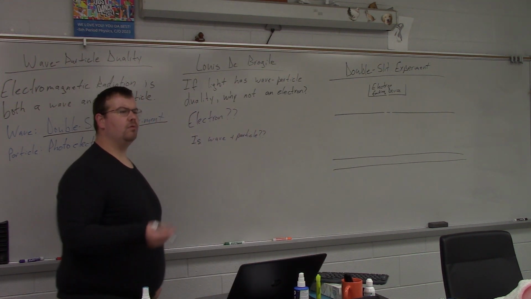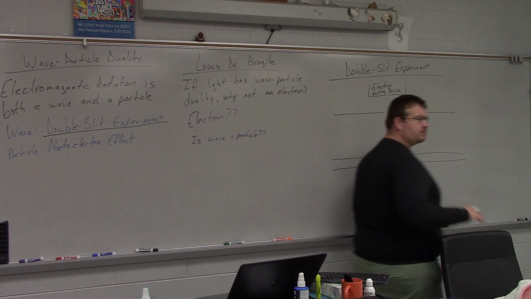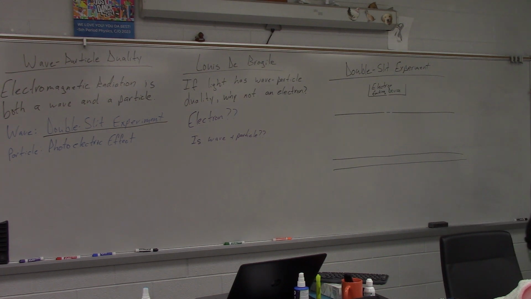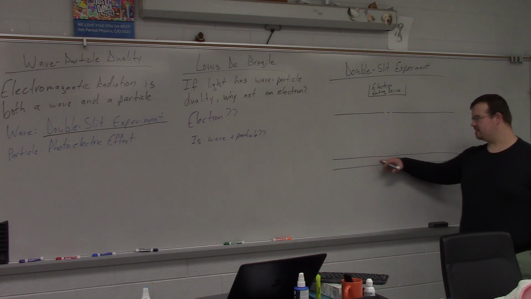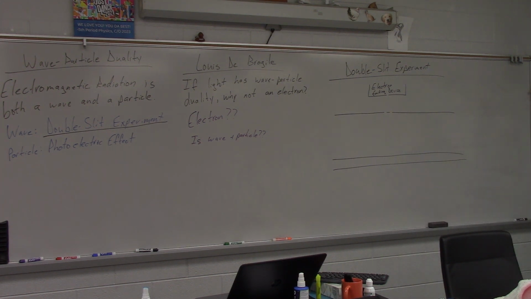Now, what do you expect to see? What is an electron? Subatomic particle. It's a negatively charged subatomic particle. So what do you expect to see? At least particle. So on the back wall, on the detector, what type of pattern do you think I should see here? Just 2 bands.